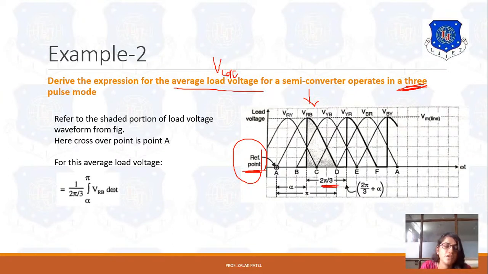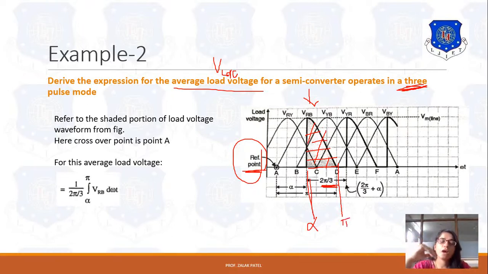The limit is from alpha to pi, means from the firing angle to 180 degrees, starting from this point and ending over here.